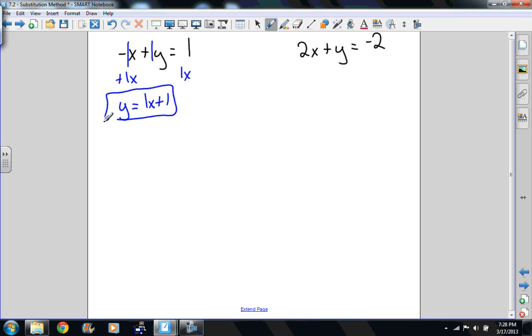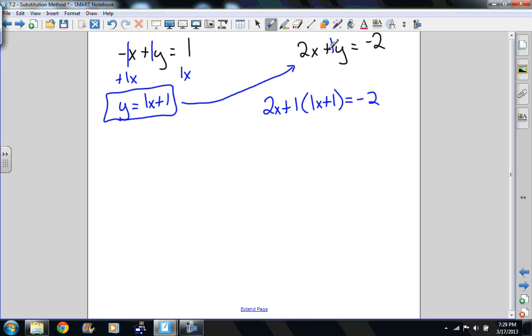Now what I do is I take that and I plug it into this equation. So I take the y and I replace it with 1x plus 1. So I get 2x plus 1 times 1x plus 1, and that equals -2.